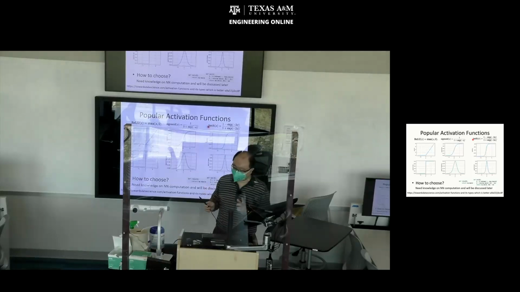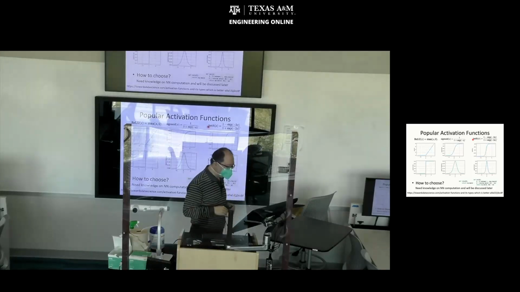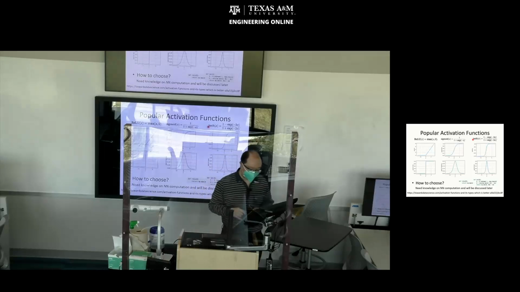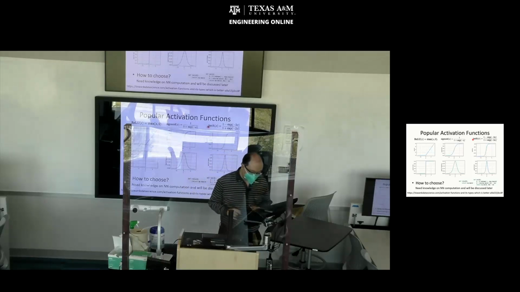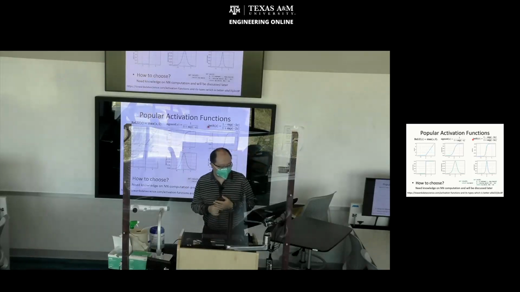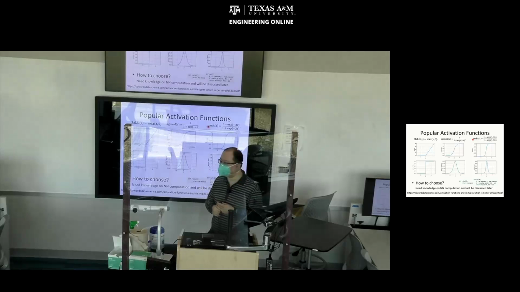There are also other kinds of choices, like Swish. How do you choose them? It actually needs a lot of knowledge about neural network computation, so we'll talk about them when we get to neural network computation.